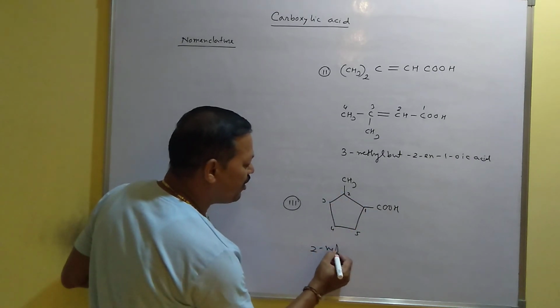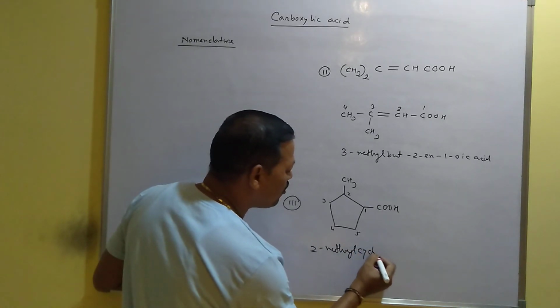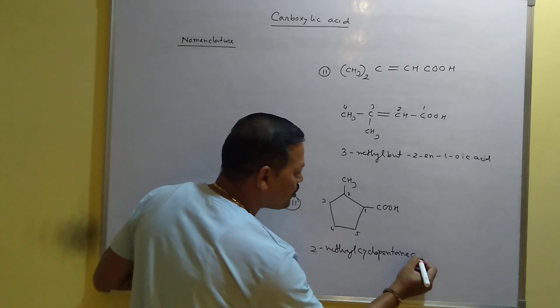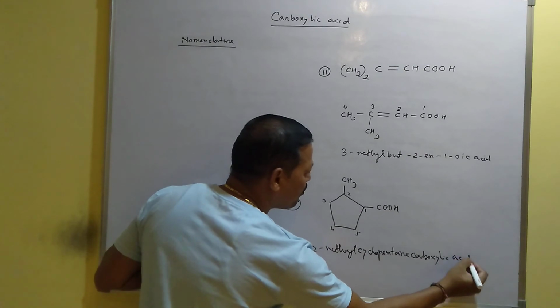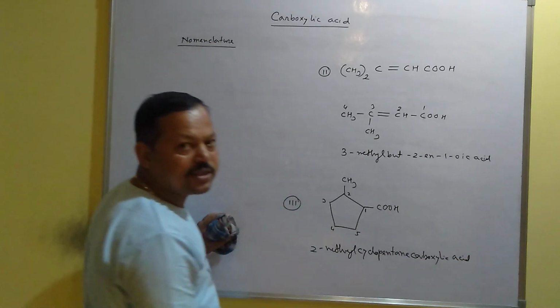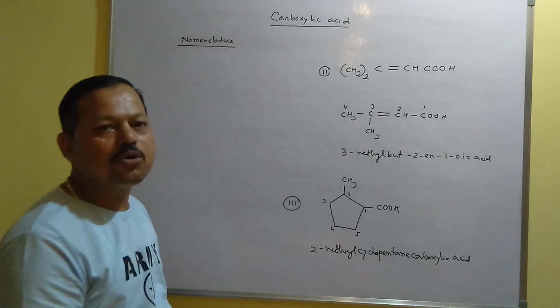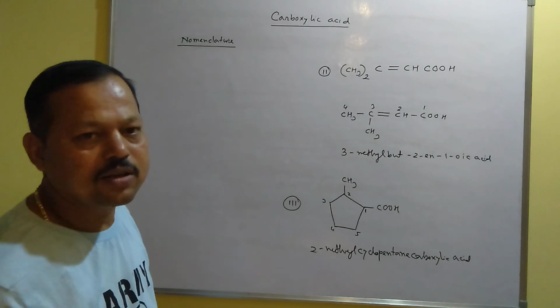So 2-methylcyclopentane carboxylic acid. Here you have to write carboxylic acid because the COOH carbon is not used in numbering. So this is the way how to write the IUPAC naming of carboxylic acid. These are the in-text questions. Thank you.